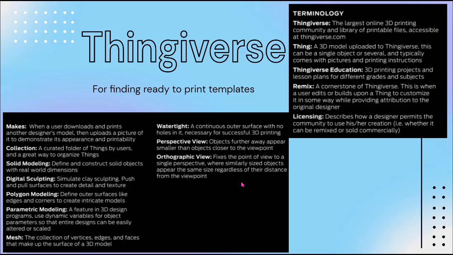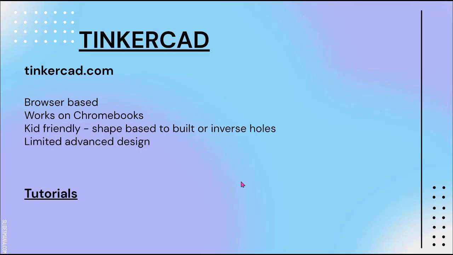If you find something you like, you can bring it into a program called Tinkercad. Now, Tinkercad is very, very basic designing. It was actually designed to be kid-friendly. It's just shape-based, so you're either building up something or you're making holes in something.